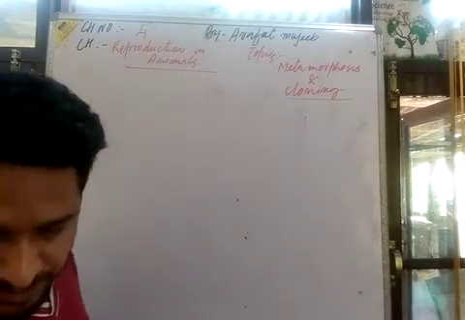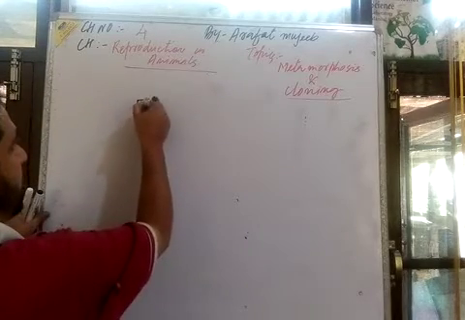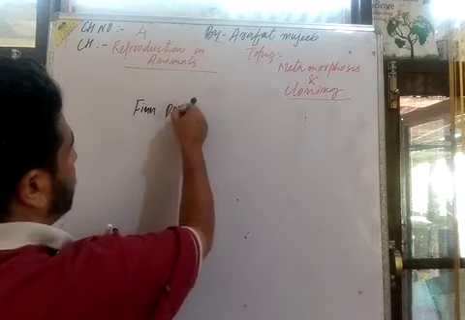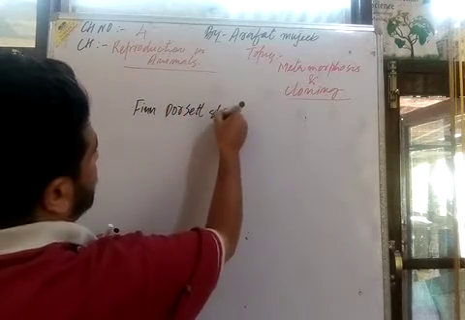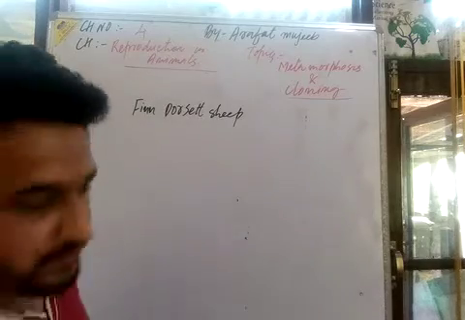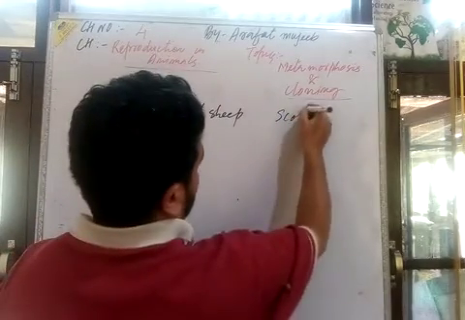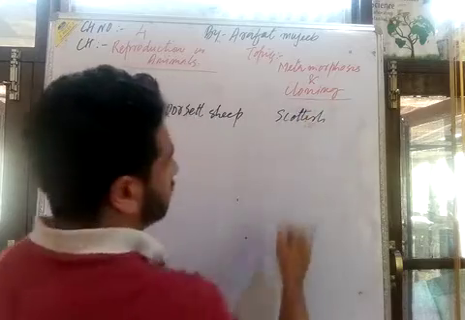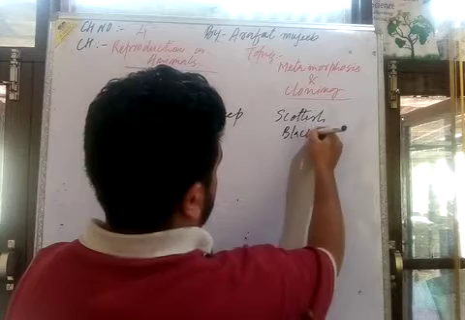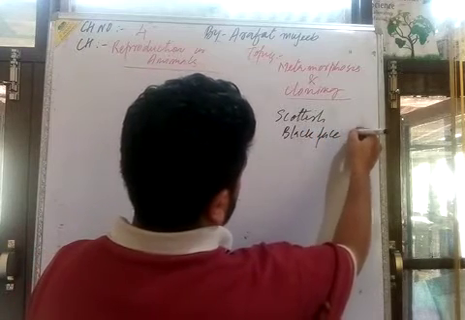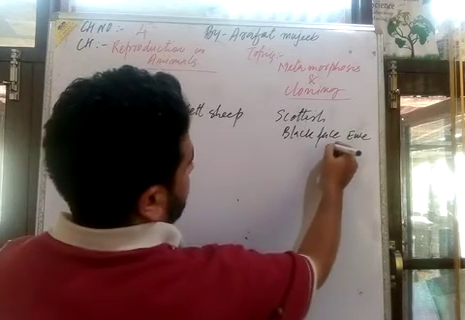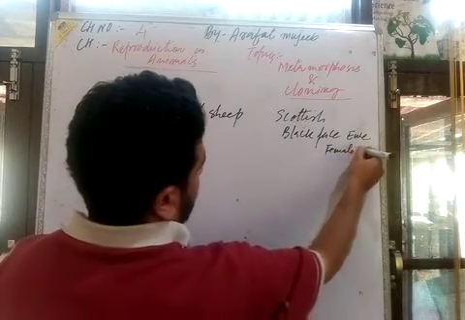Here is one of the sheep, उसको हम कहते हैं, that is the Finn Dorset sheep. It is the ram, and other is the Scottish Blackface ewe. She is the female. ewe, तो भी तो इसको कहते हैं ewe.